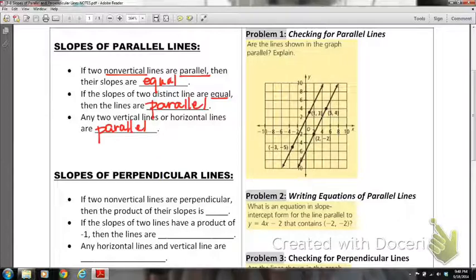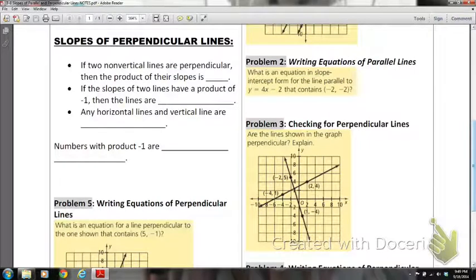Let's look at the characteristics of the slopes of perpendicular lines. If two non-vertical lines are perpendicular, then the product of their slopes is -1.